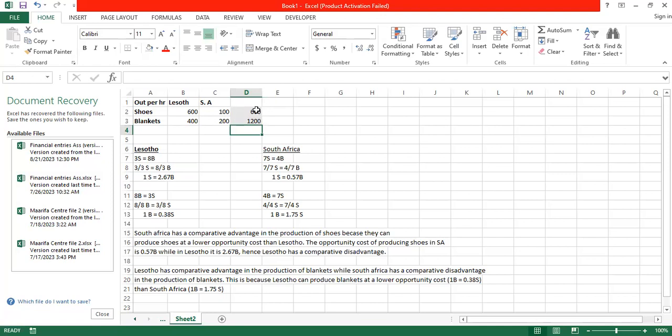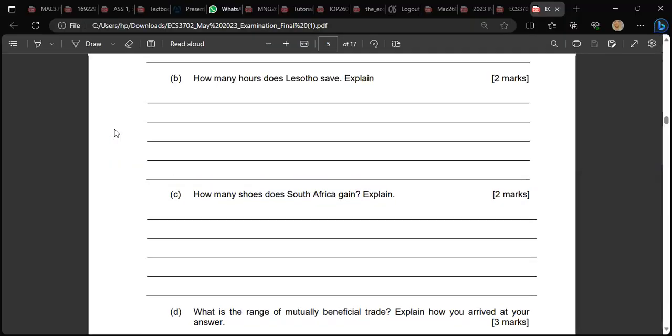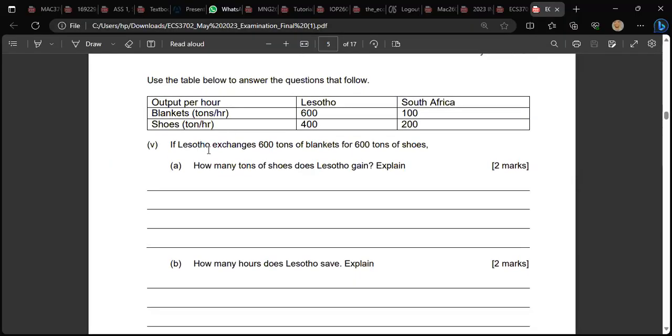So we go back to our calculation there. South Africa has manufactured 600 tons of shoes, and then exchanged those shoes for blankets, I believe. Let me just recheck that. I think I'm losing it a little bit. Yeah, Lesotho exchanged 600 tons of blankets. Perfect. Yes, South Africa has exchanged 600 tons of shoes.